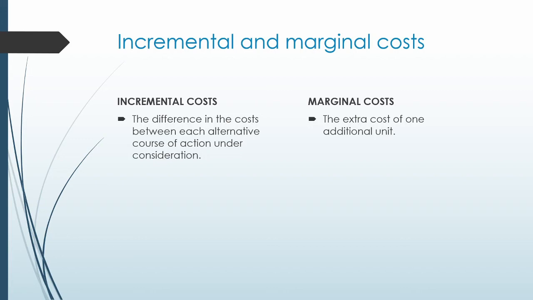So, what is the key difference between these two cost classifications? Marginal costs relate to the additional cost of only one extra unit. Incremental costs, on the other hand, relate to the additional cost of a group of additional units. So the difference is marginal costs relate to one unit, incremental costs relate to a group of units.